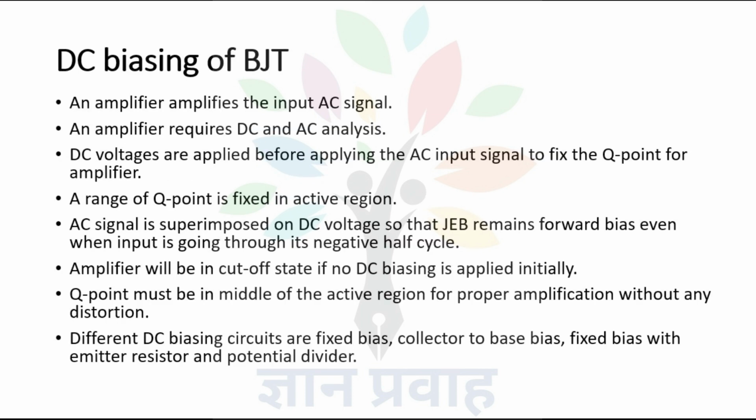DC biasing of BJT. In the last lecture, we studied the selection of the Q point on the characteristics of a common emitter amplifier circuit. Once the Q point is selected, it must be fixed and stable for proper operation, or the output will be distorted.